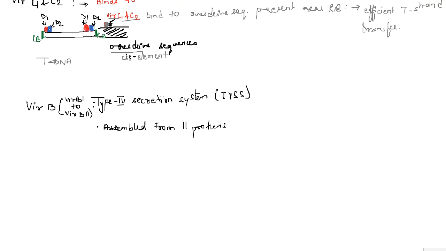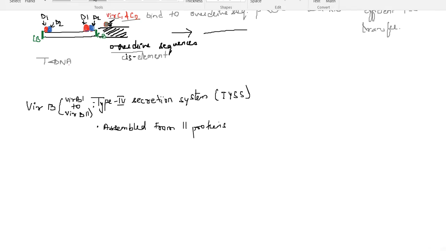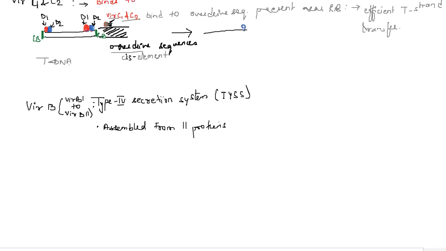So what we got to know is that when the T strand is transferred, when it is made into a single stranded T strand, this D2 remains attached. This is D2, and this is the tDNA strand.